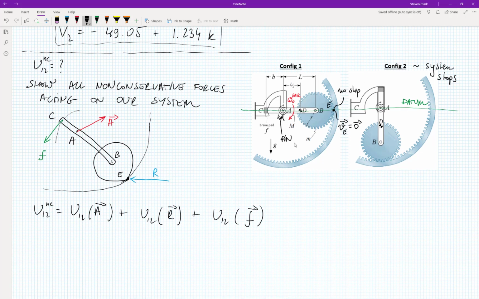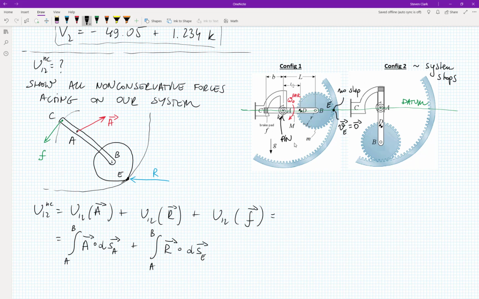Okay, let's express it in a more mathematical way. This will be an integral from some point A to some point B of A times the displacement of point A, plus the integral of R times the displacement of point E, right?